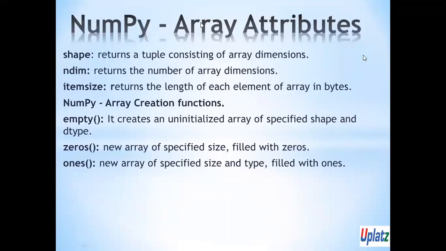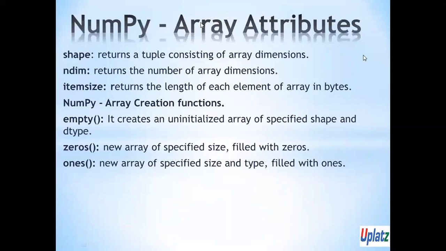Then, what are the array creation functions? You can see we have the empty function, the zeros function, and the ones function. The empty function will create an uninitialized array. So when you are creating an array using the empty function, you are creating an array with uninitialized locations.